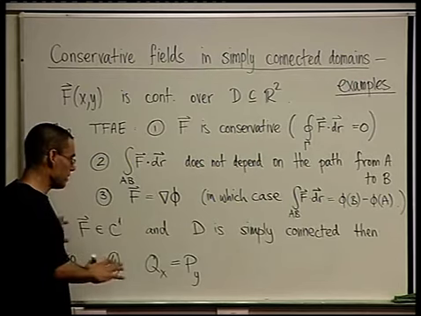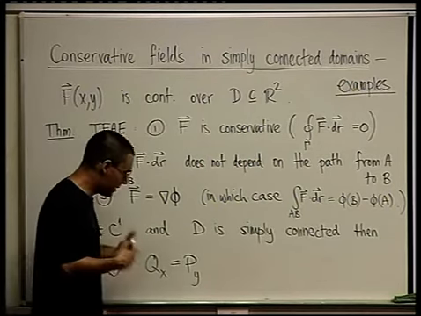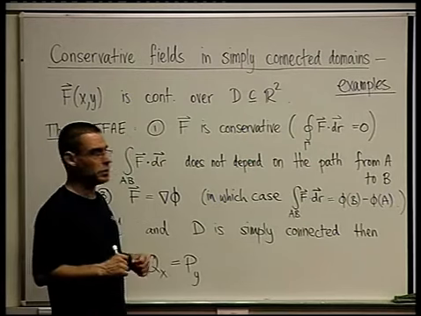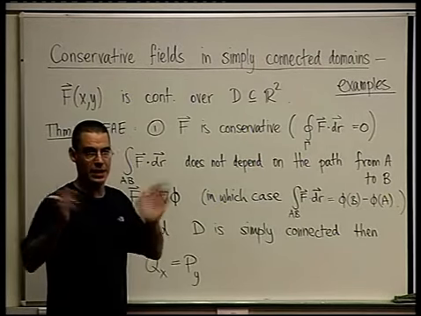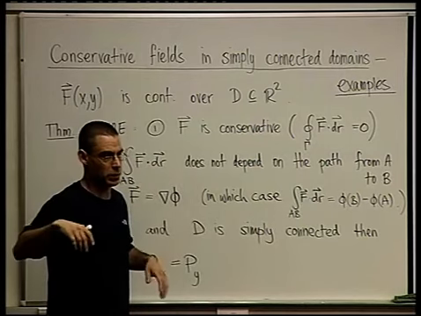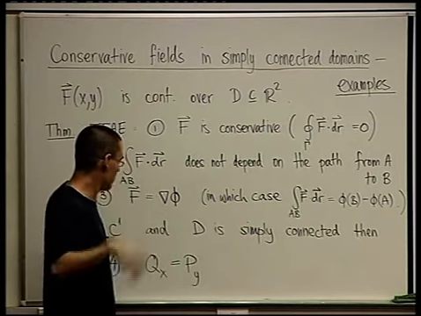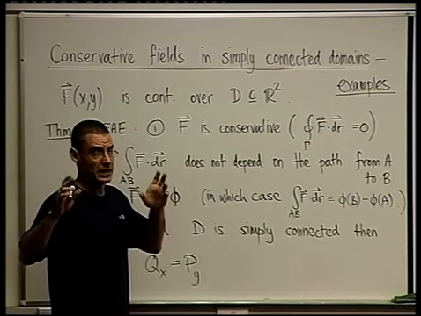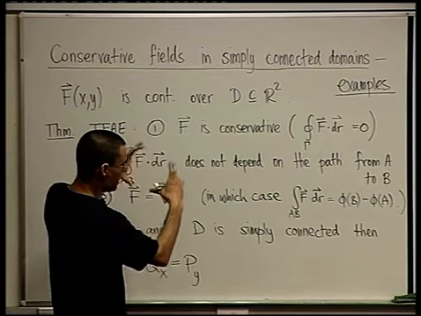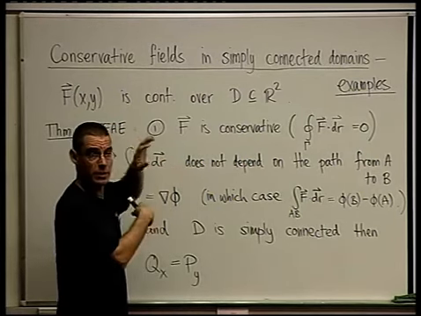I'm not going to write them formally and prove them, but they go along the same idea. I don't know if you remember that when we discussed that famous field, minus y over x squared plus y squared and x over x squared plus y squared, or minus x and y, I don't even remember which one it was. And we said if you take a domain, you can cut a little hole in the middle and then do the same arguments and everything works.